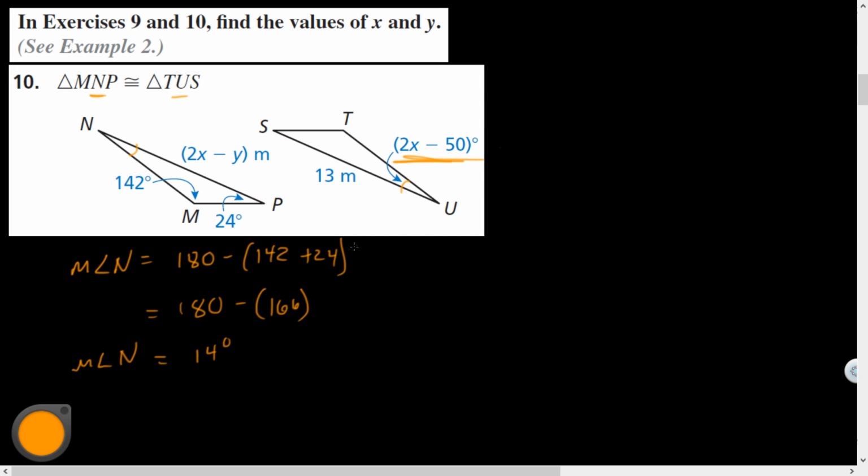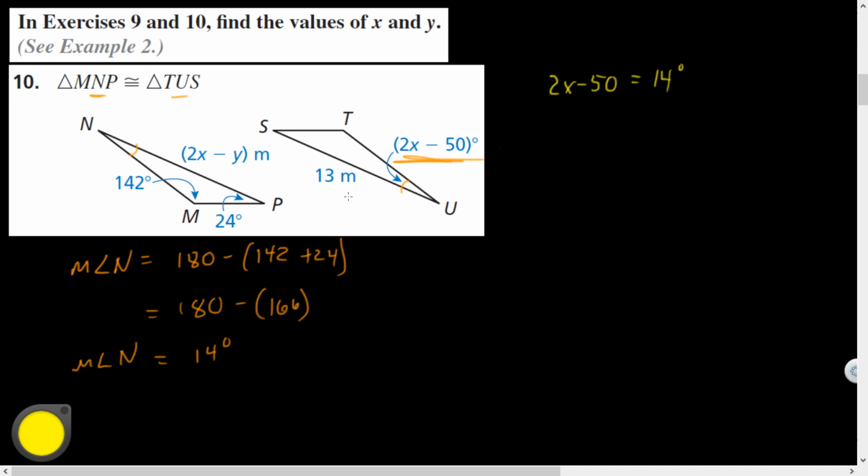And so therefore, 2x minus 50 is equal to 14 degrees. The reason that's true is because corresponding parts of congruent figures are congruent. All right, did anyone get this far? Do you at least see how I got this far?